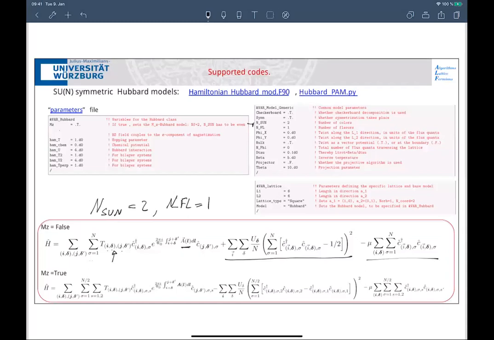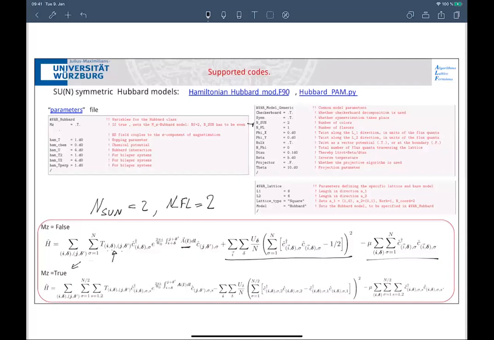Now, you can also use the case where MZ equals true. The logic is the following. The number of flavors is equal to 2, because I will couple the Hubbard-Stratonovich field to the magnetization.